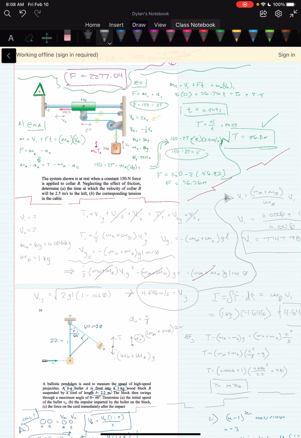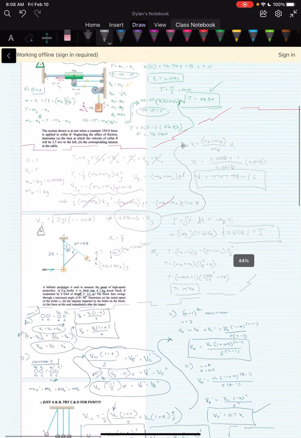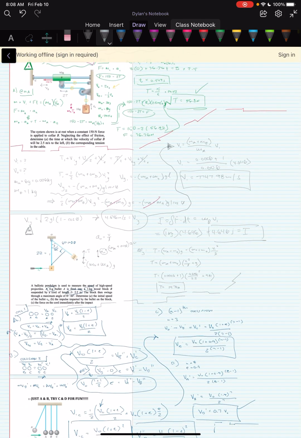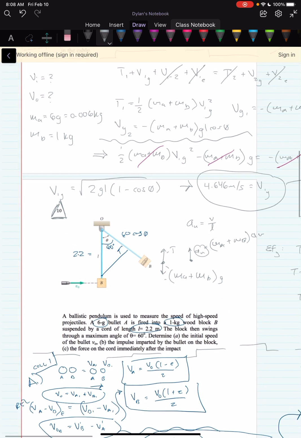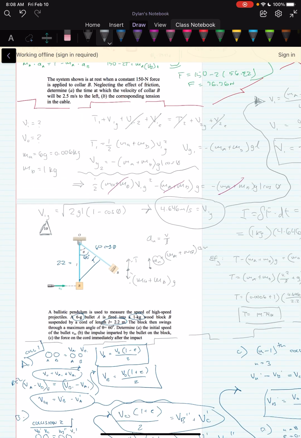Number 10, down here. Basically, the bullet hits the block that's stationary and it swings upward. And it doesn't give us an initial or final velocity.